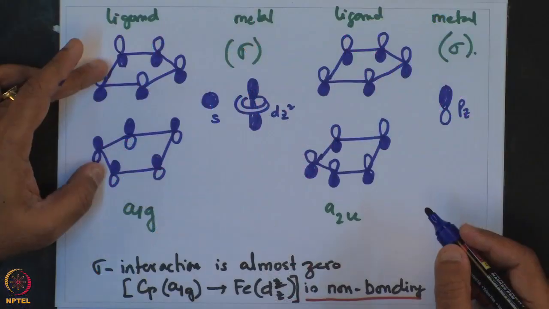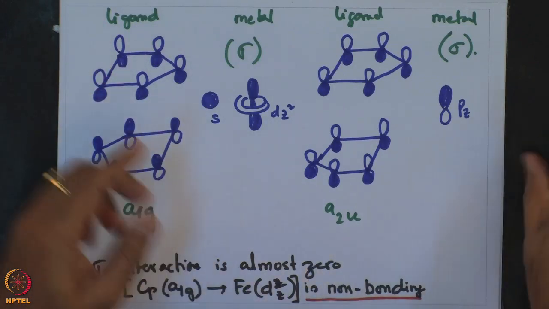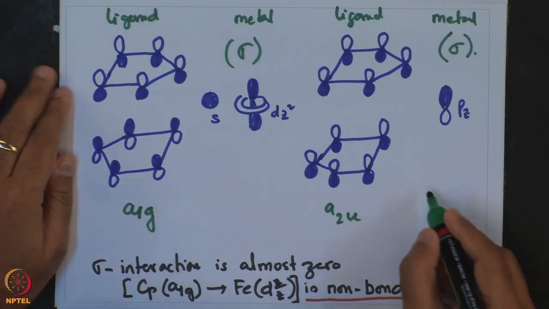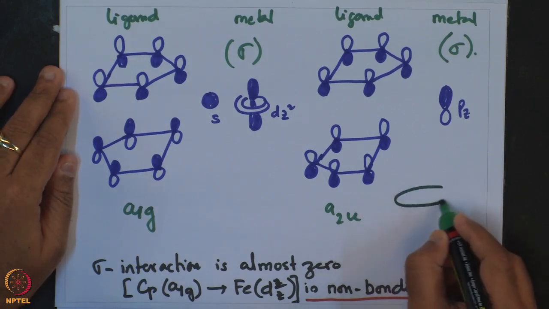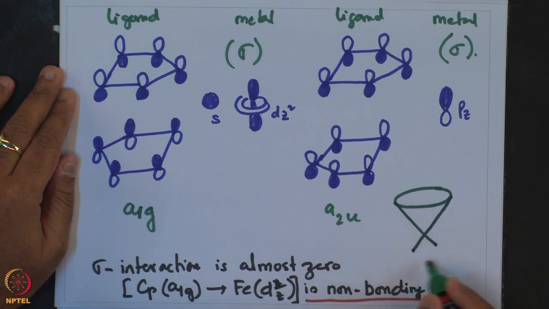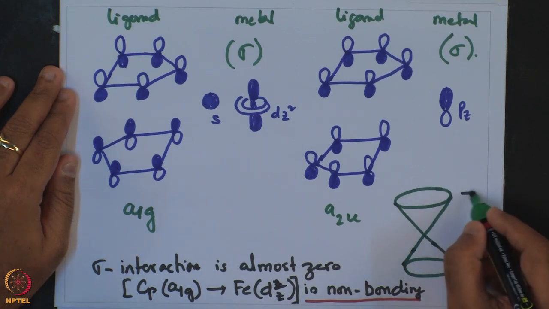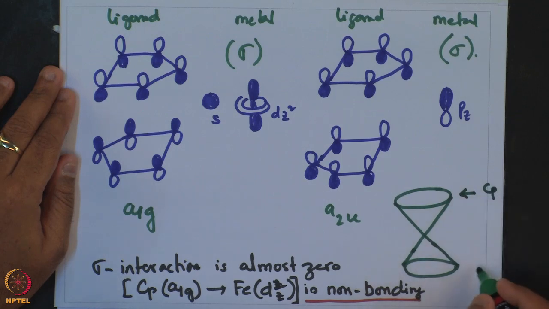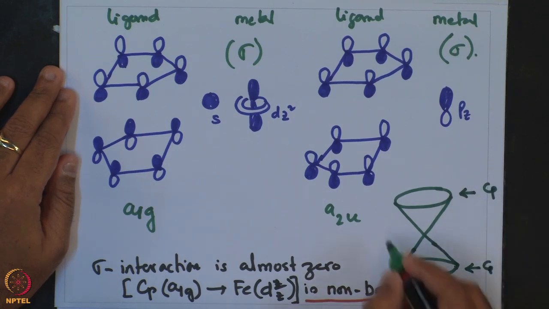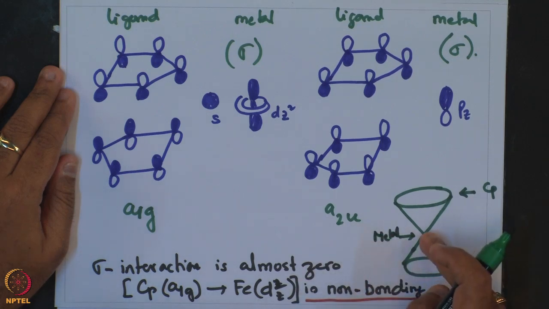Now, if one is to look at this orientation of Cp as well as the metal, these can be represented by a conical diagram like this, where these faces represent the Cp rings, and the metal represents this point.